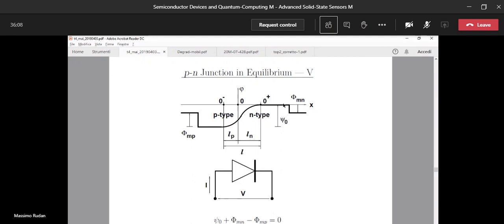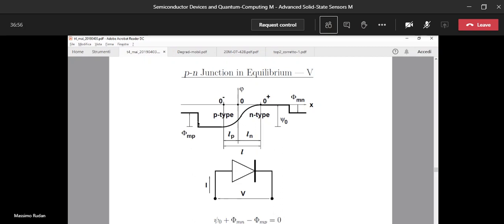So we start from the zero that is in the N region on the right, okay? Then we enter the space charge region. So we have the change in the electric potential that in principle we should find by solving the Poisson equation, okay? On the other side, we have a value of the potential that you remember is minus the built-in potential psi. Proceed to the left. We reach the position of the left contact, and then we have another discontinuity.